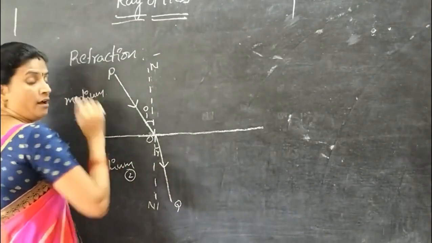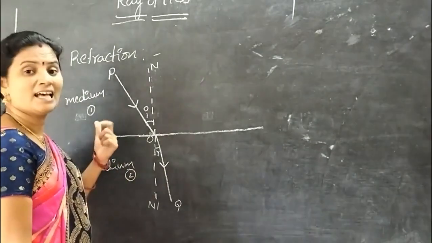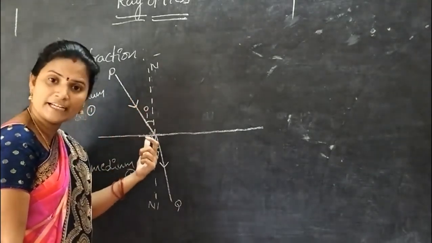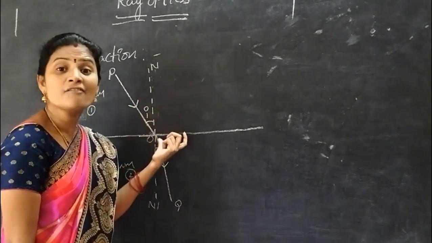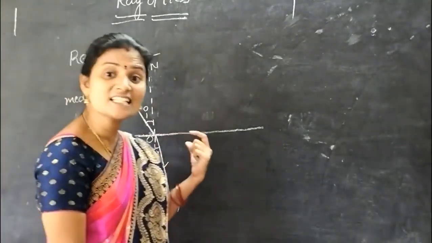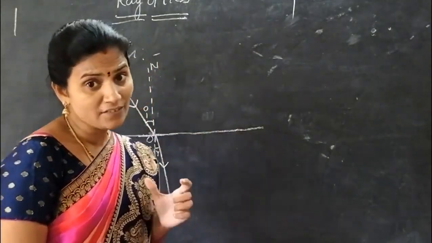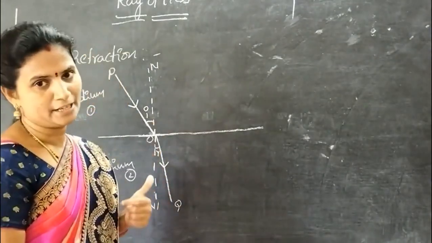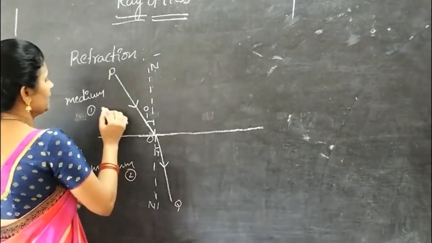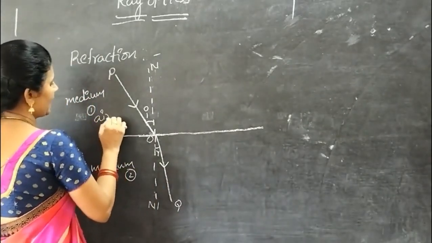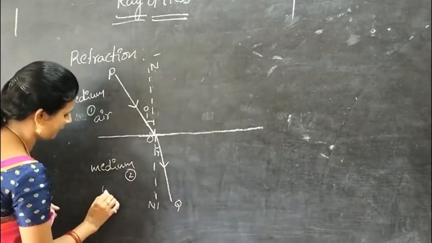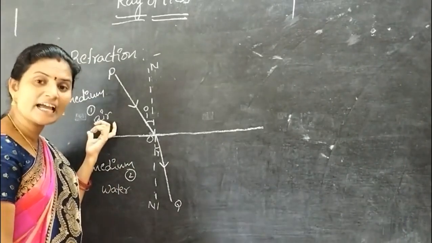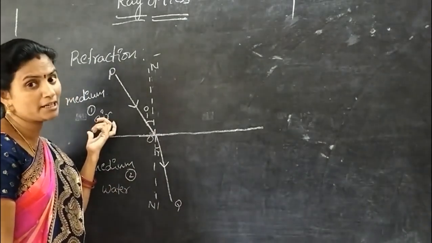Why does this happen? Whenever the light ray travels from one medium to another medium, the wavelengths vary, and then the velocities also vary. That's why there is a small bending at the separation of the medium. Suppose, for example, this is the air medium and this is the water medium. The air medium is the rarer medium.